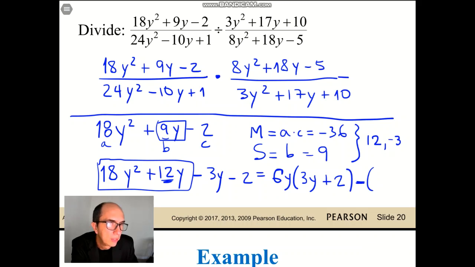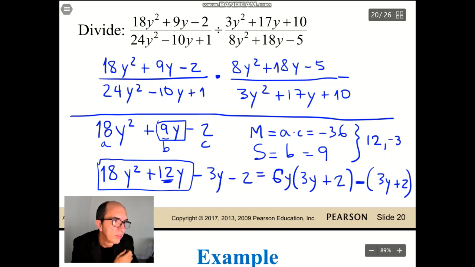Negative 3y minus 2, let's factor out the minus sign: 3y plus 2. And then we have a common factor that we can also factor out.